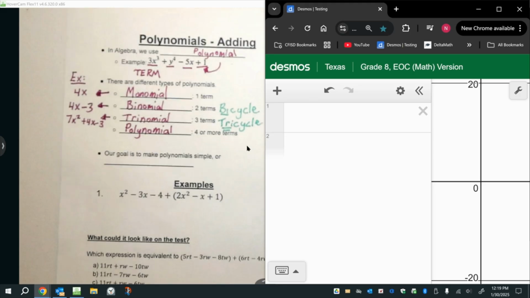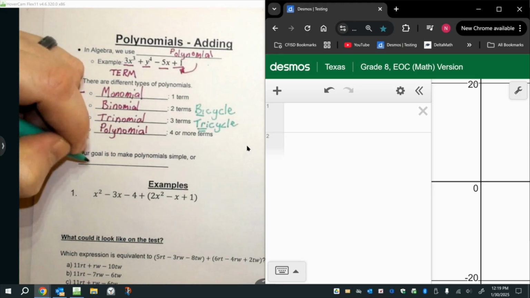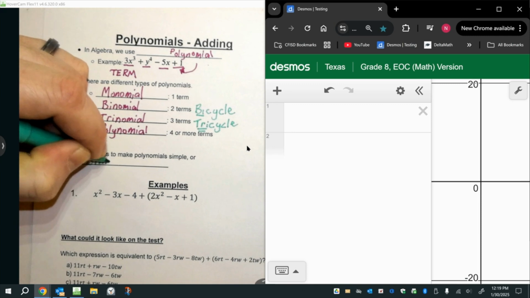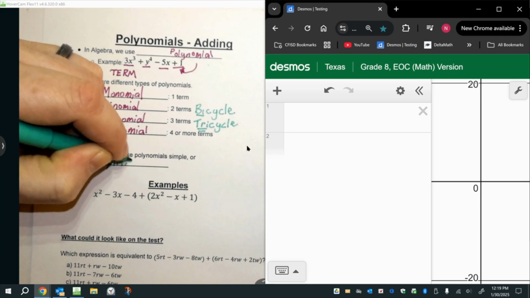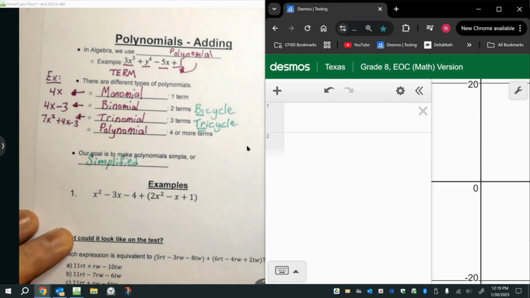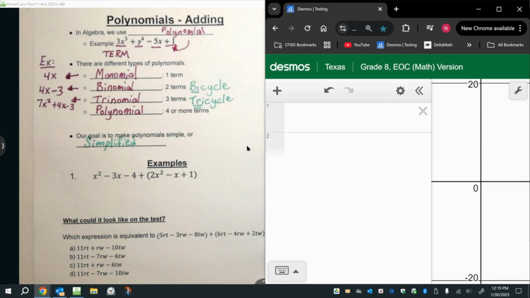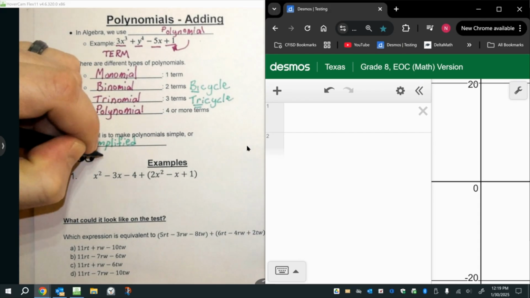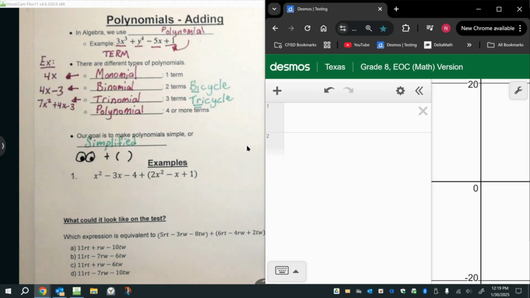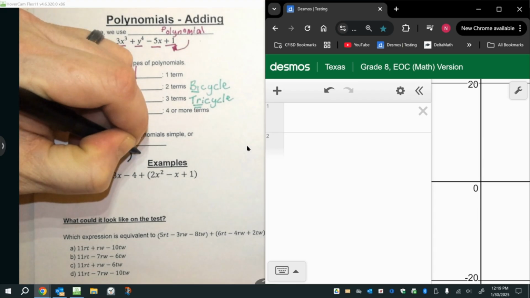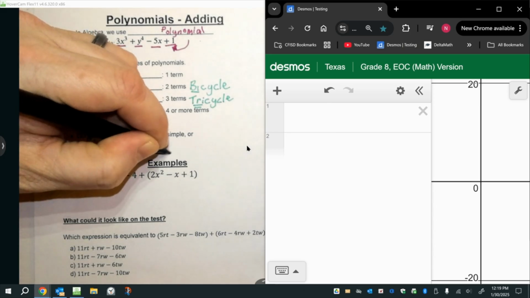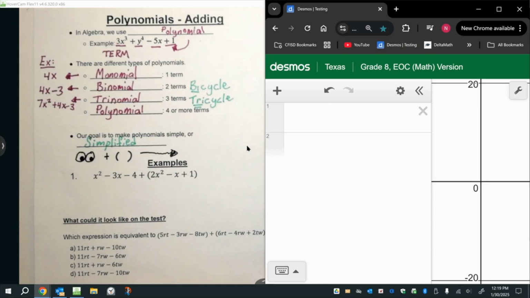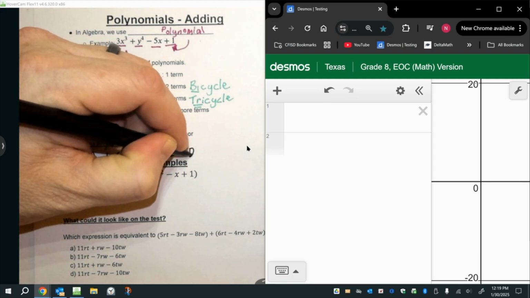Our goal every time is to make things simple or simplified. We are trying to make it as simplified as possible. All right? So here's the deal. First thing, as our example, if I see a plus sign with parentheses, that's going to tell me that I can drop the parentheses.